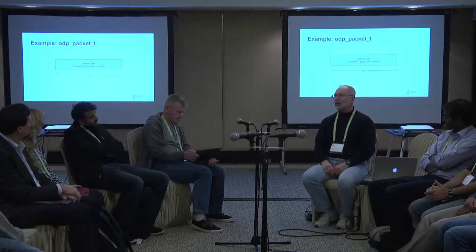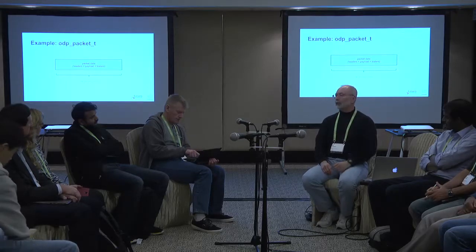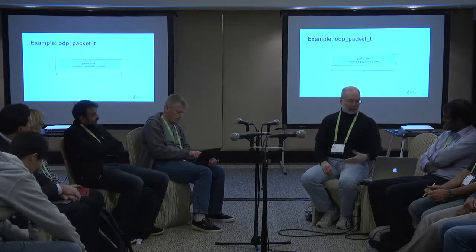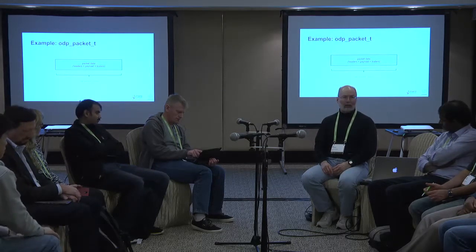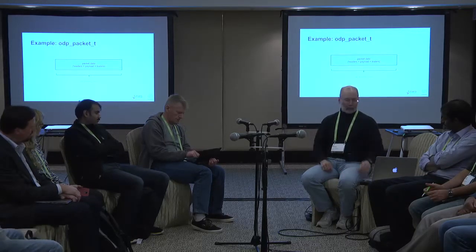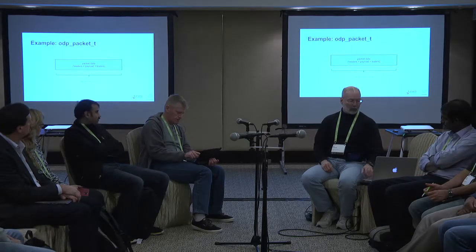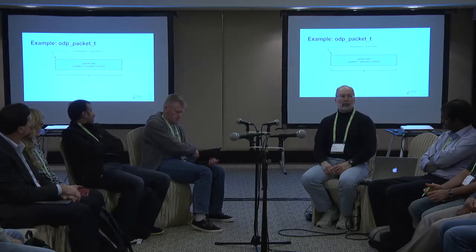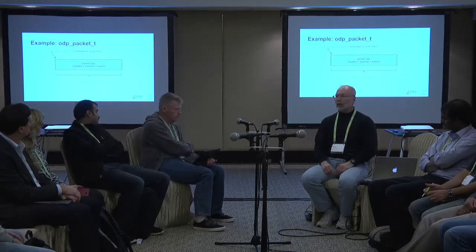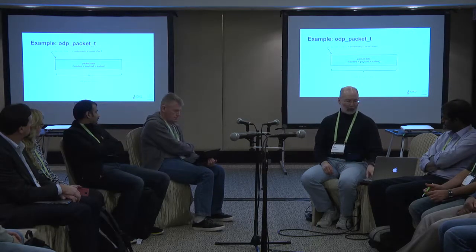So attributes associated with that packet: well, it has a length. So we have an API called odp_packet_len. You pass it a packet object, you reference the length. There's also the ability to get the start of a packet if you need addressability to it, or to get the address of any given offset within that packet.